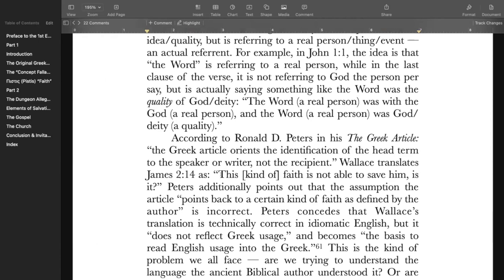But he is not saying that this kind of faith cannot save you. He is saying that you have this kind of faith in reality, you're experiencing it, it's there. The faith you experience this way, that faith cannot save you.